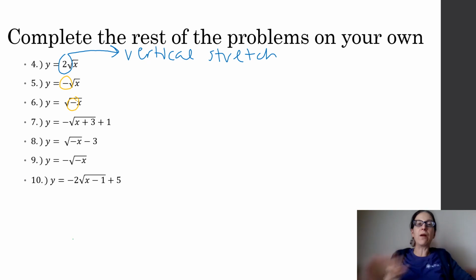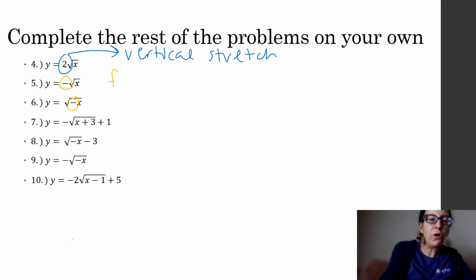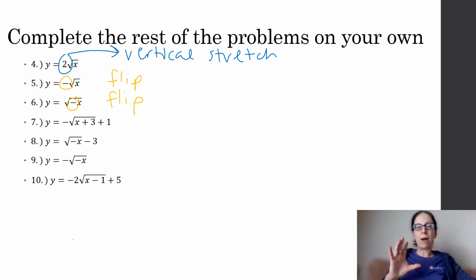So we're dealing with a negative out in front versus a negative inside the radical with the x. Now, if all you wrote was flip or reflect, that is not specific enough, because you probably noticed that they did not flip the function the same way.